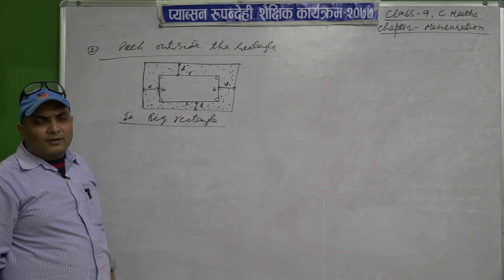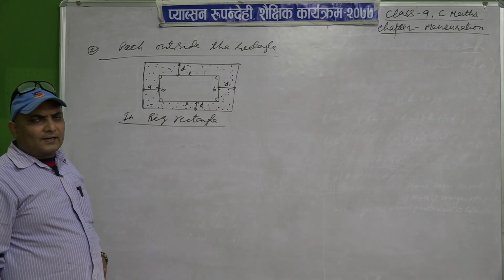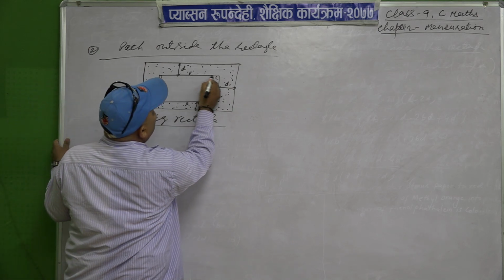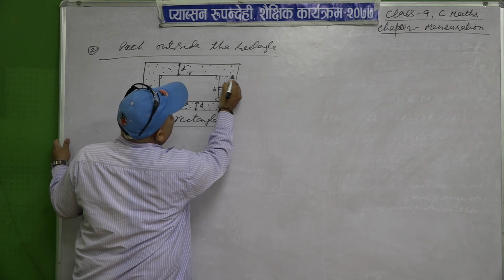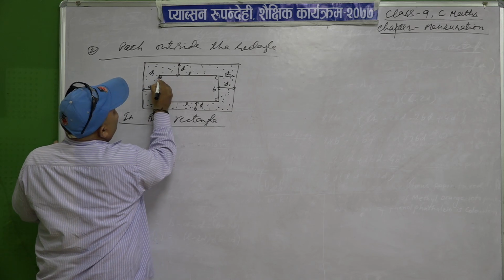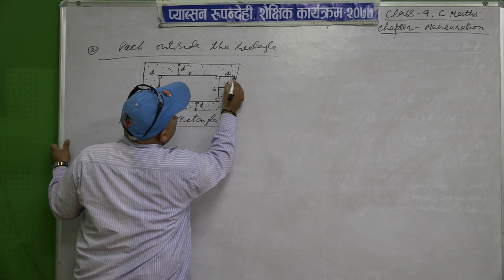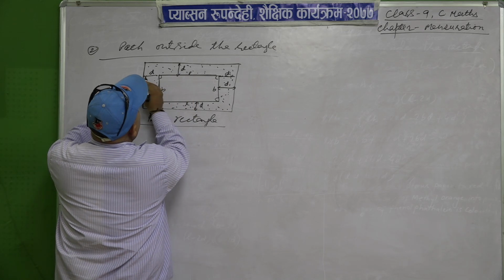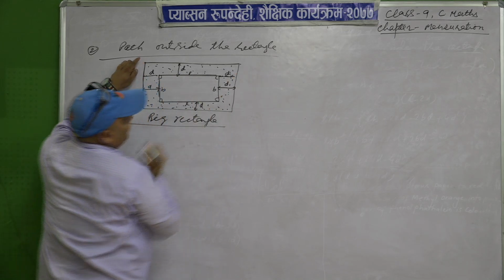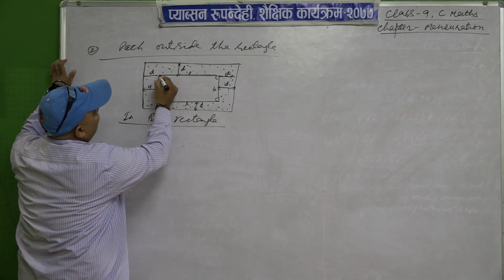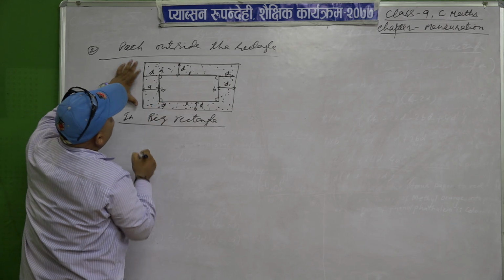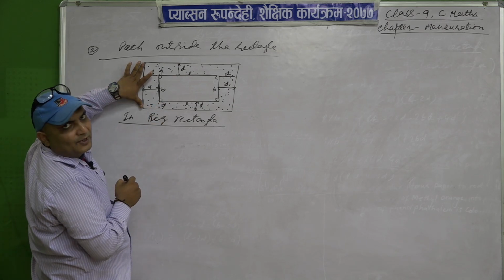So how can we find the length and breadth of the big rectangle? Same way as yesterday. If this is L and this is D, because this is uniform width, this also will be D. If in this length we add this D and this D, we get the length of the big rectangle. Similarly, in this breadth, if we add this D and this D, we get the breadth of the big rectangle.